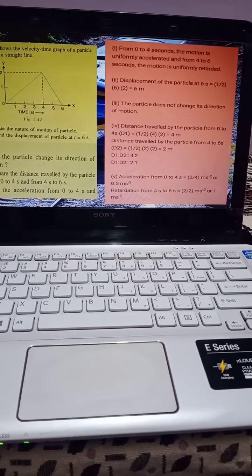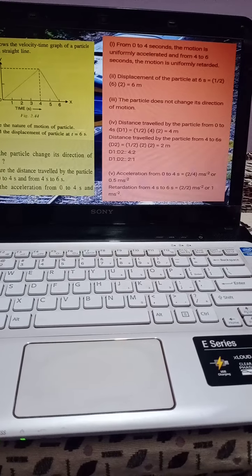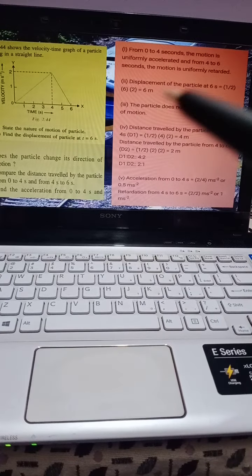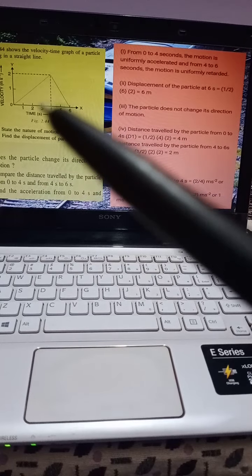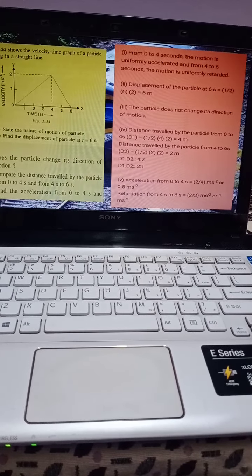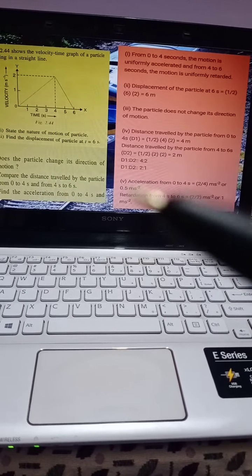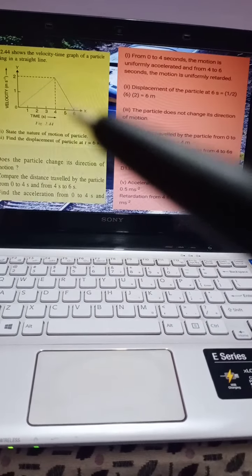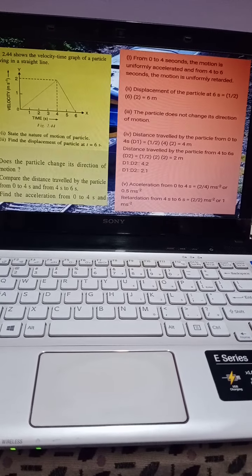So from 0 to 4 seconds, this part by this part, 2 by 4, the acceleration is 0.5 meter per second square, and for the retardation it is 2 by 2, which is 1 meter per second square retardation.